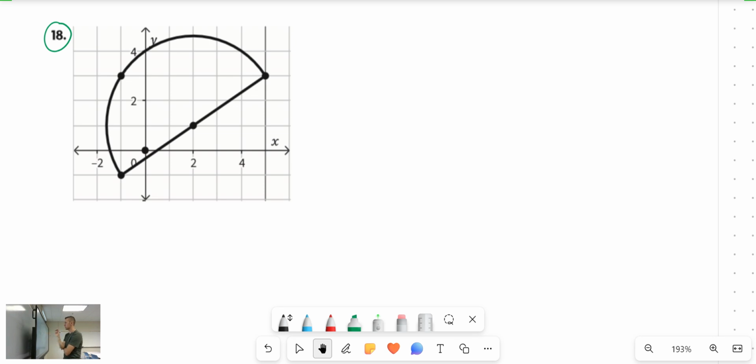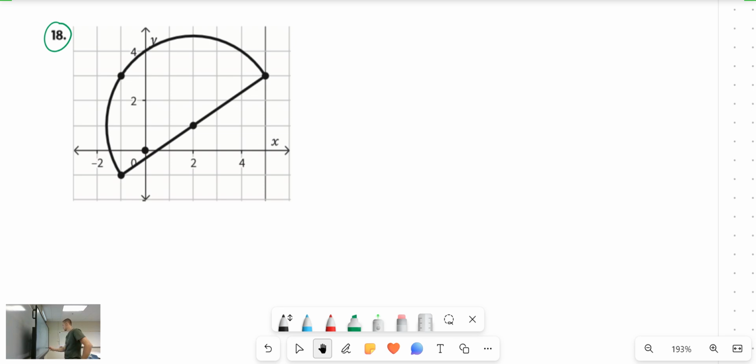They put a dot for the origin for us, which is good. But they gave us a circle, and they also gave us a bunch of different points. The only point here that we're not going to use is actually the origin. It's just nice that they labeled it.